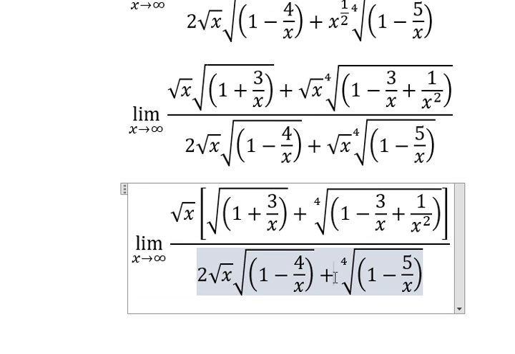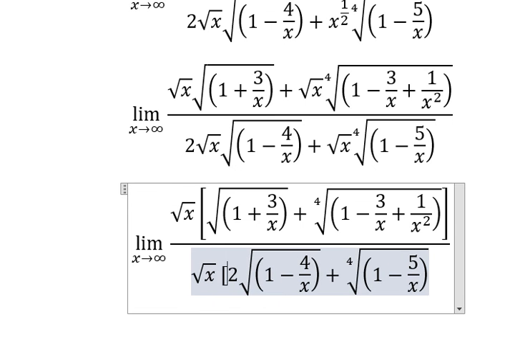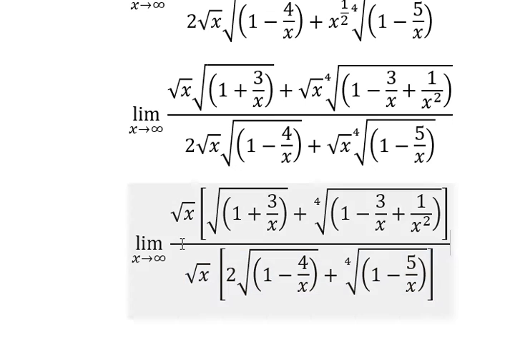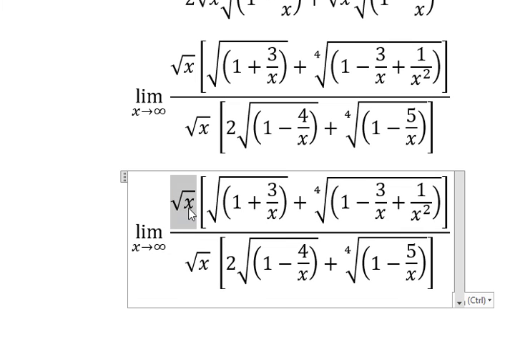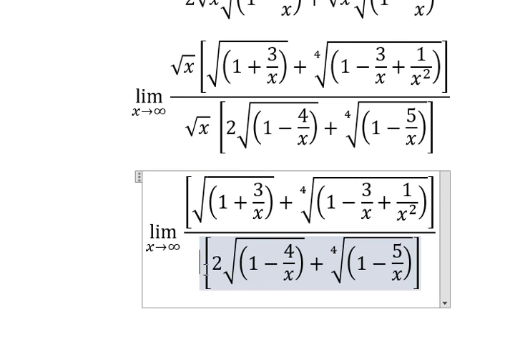Similar for this one. Now, we can simplify the square root of s in the numerator and denominator.